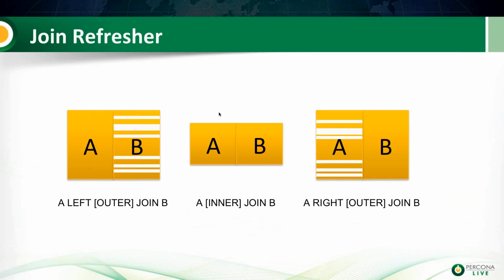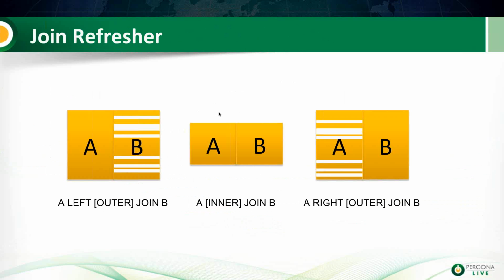On the left, left outer join is where we want all the rows from table A, whether or not they have matching rows in table B. And where there is no match, the A will still be returned, but the B will be as though all the columns are null. So I'm representing that by those white gaps, as though there's no matching row for B, but we still want the corresponding A row.